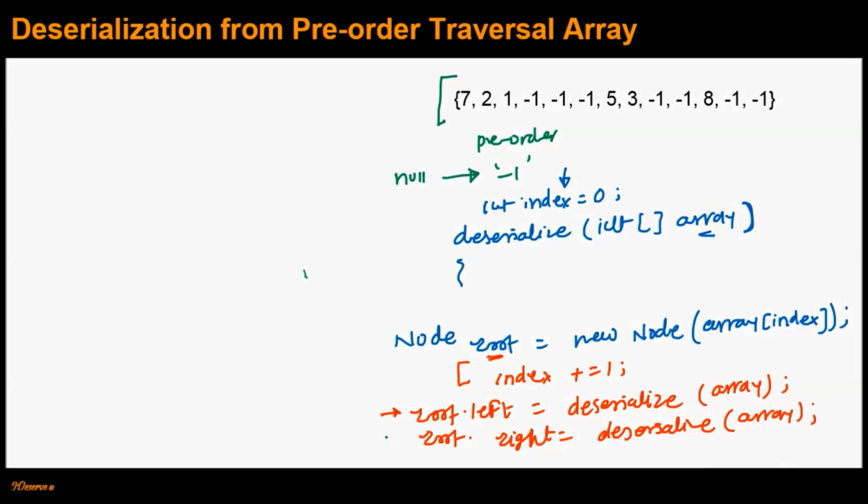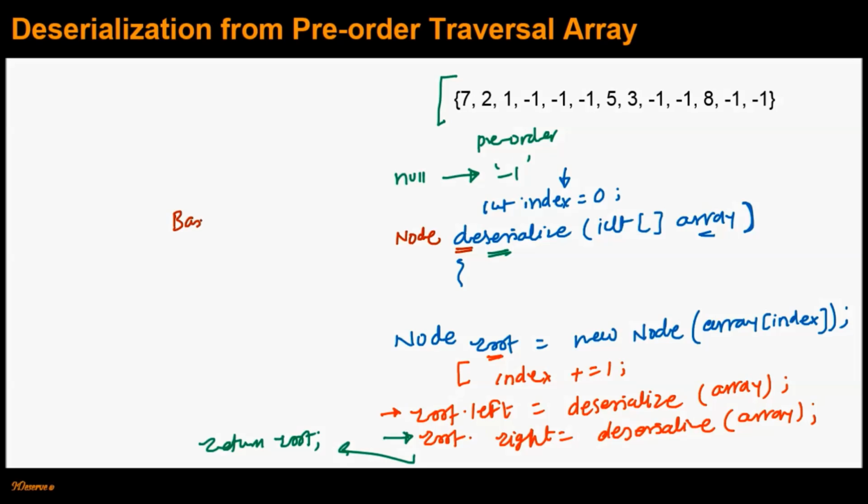After the right subtree is constructed for the current root node, this recursive procedure, the deserialize subroutine, needs to return the reference to the root node. So the final statement would be return root. We are returning the reference to the root node that we just constructed. For this recursive procedure, there must be a base case.